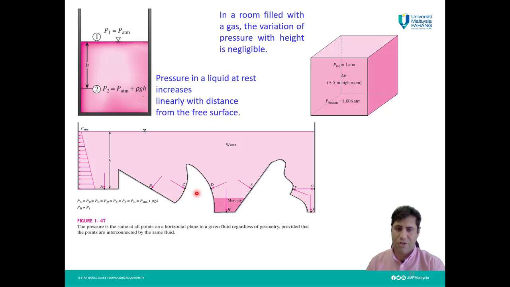It is also interesting that the pressure in a liquid at each depth depends only on its depth, not on its shape. You can see here, because all of these points are at the same depth, the pressure at those points is identical.